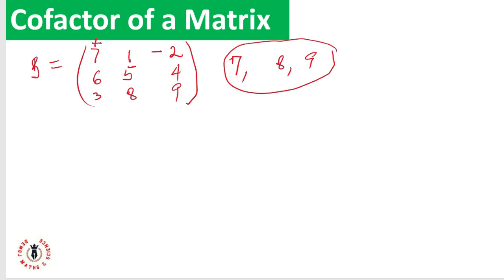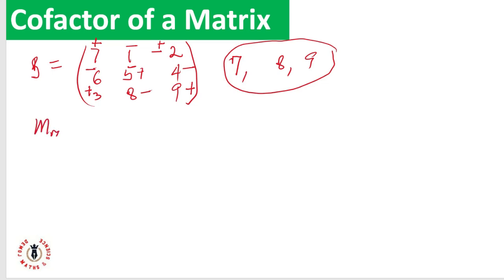The first will be positive, like I said. Here is minus, here is positive, this will be minus, here will be positive, here will be minus, here is positive, here is minus, and here also is positive.